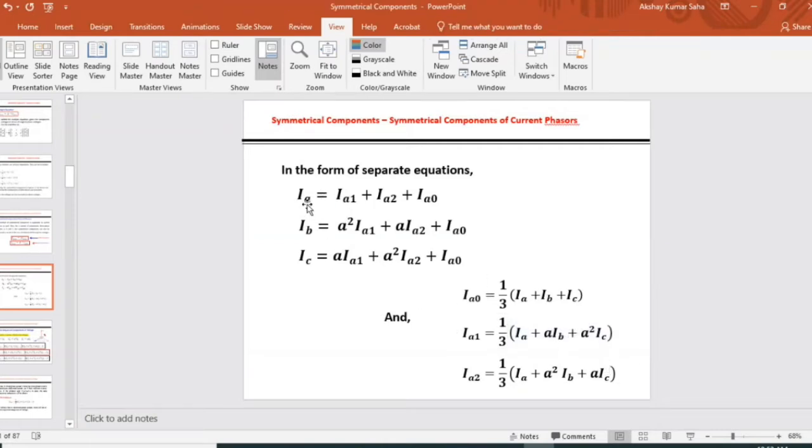And if you just replace the current by voltage, you go back to the voltage equation for actual phase voltages and symmetrical component voltages as well. So it's possible to go for the currents and voltages easily.